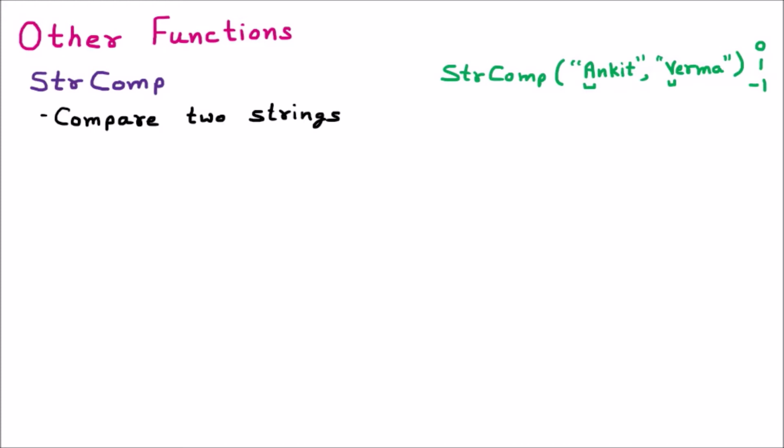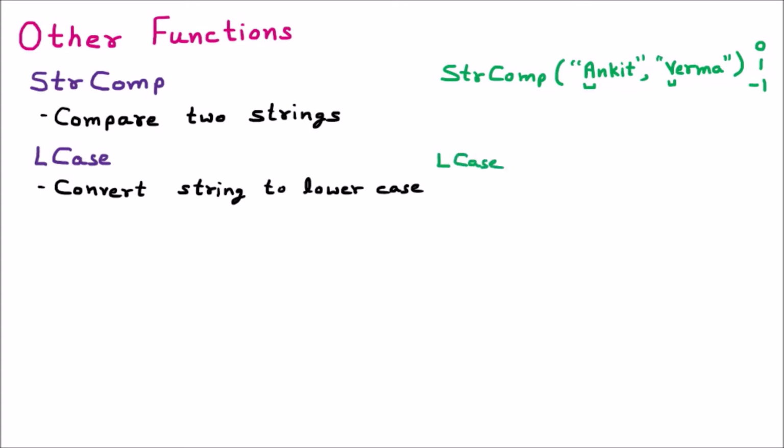The next function we are having is lcase. As the name signifies, L stands for lower case. So it is going to convert the string to lower case. Let us suppose in the code we provide this function, lcase, then afterward we pass some string.